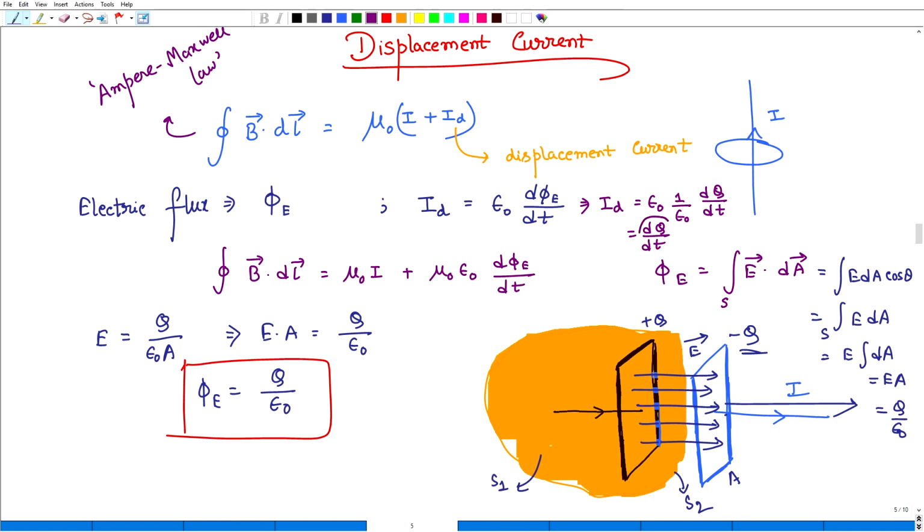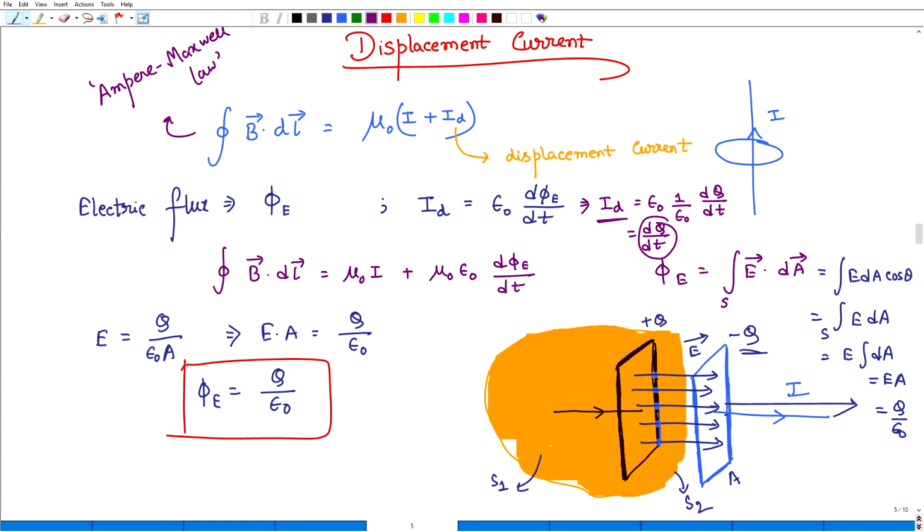It means that the electric charge is changing with time. That is the definition of the current. That's why it's the displacement current. So essentially the change of the electric flux with time governs the changing of the electric charge with time, the current actually. That's why it is the displacement current.